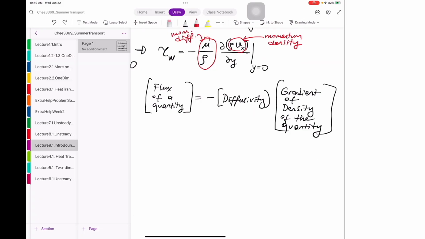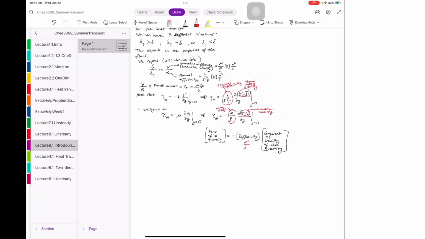And diffusivity always has the units of meters squared per second, no matter whether it's momentum diffusivity or heat diffusivity, or later we're going to see mass diffusivity has also the same units. Okay. Any questions so far?